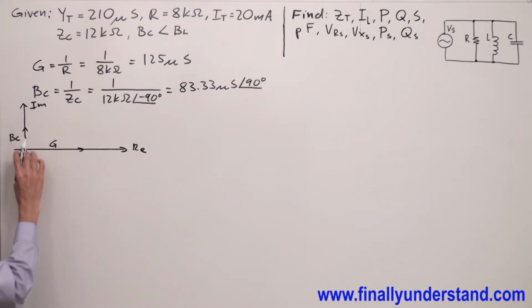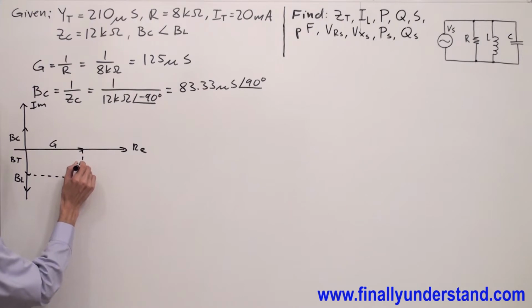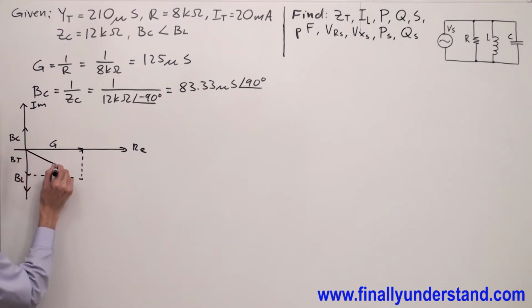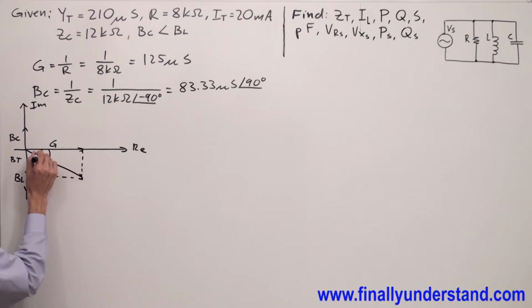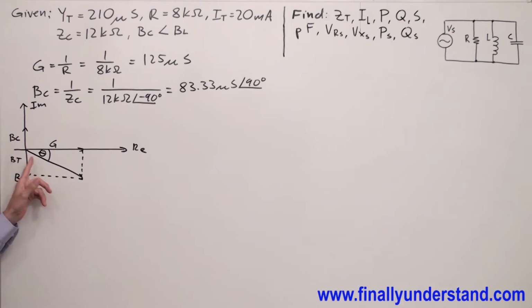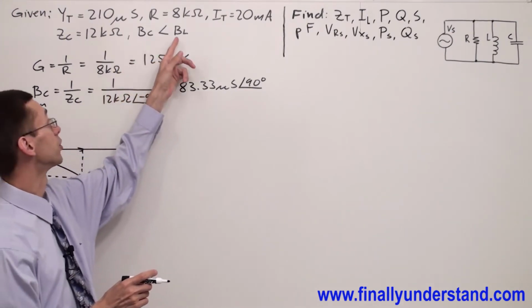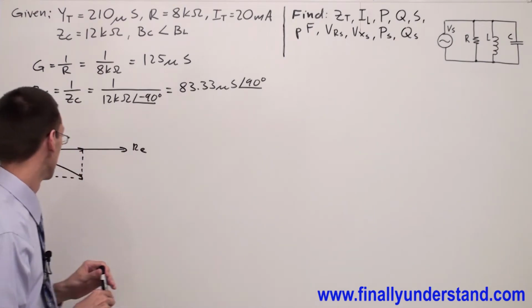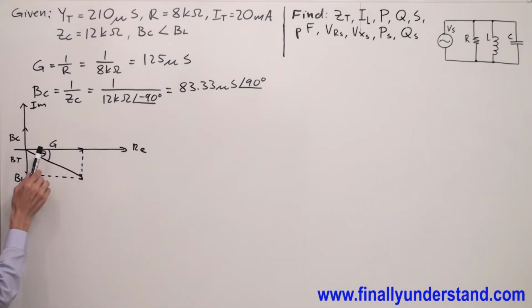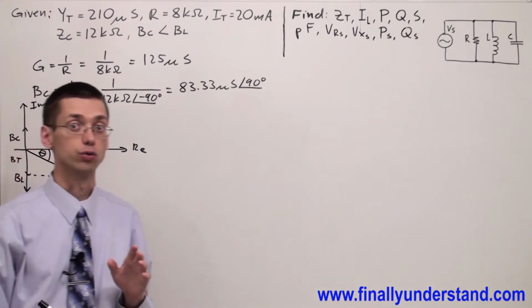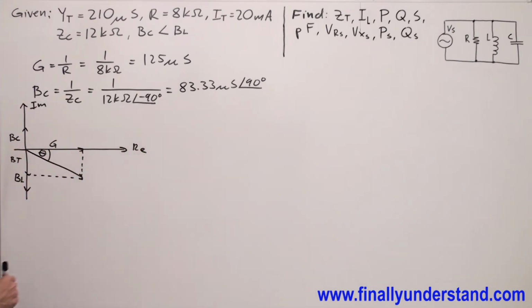Okay, so if you add this one to this one, you are going to have approximately the value of your B total, somewhere like this. And if you draw the total admittance, you are going to have a negative angle. So it means that anytime BL is greater than BC, your angle next to Y total is going to be negative. The angle next to Z total is going to be positive. Why? I'm going to explain this later on.